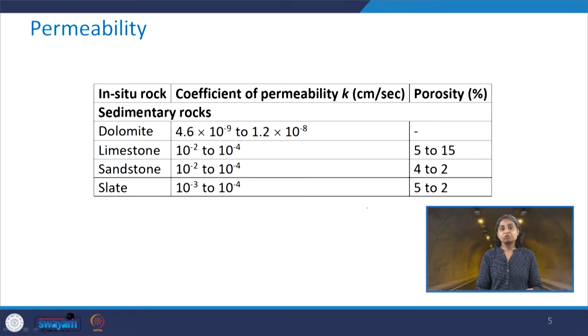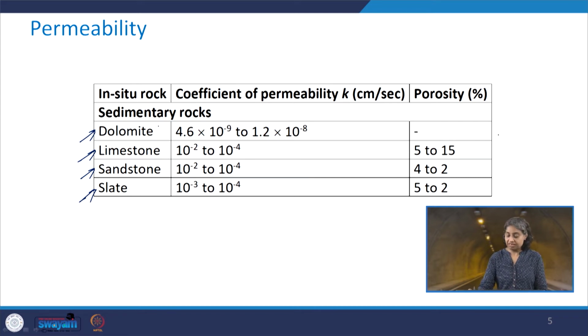Now, coming to the sedimentary rocks. Here four rocks are given: dolomite, limestone, sandstone and slate, and the typical range of the coefficient of permeability in centimeter per second is given for each of these.